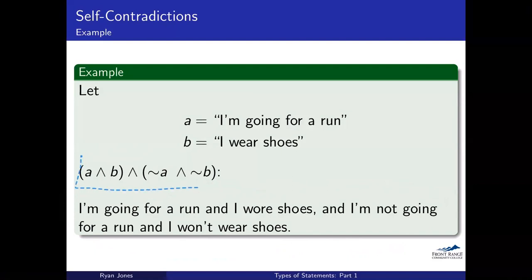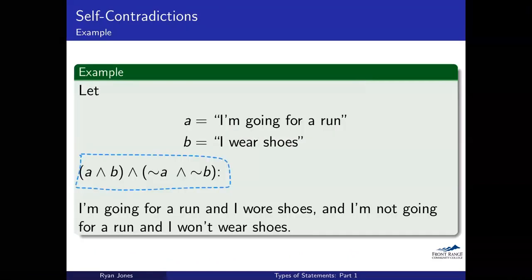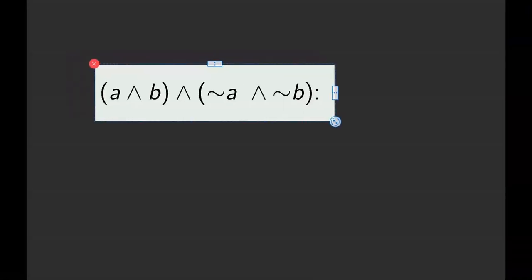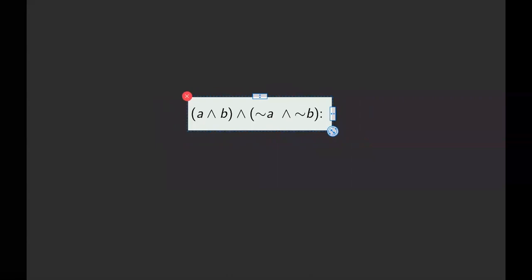So I'll go ahead and copy this over. Oh, new page. All right, so we're going to copy this. This is what we're going for in the very end of everything.